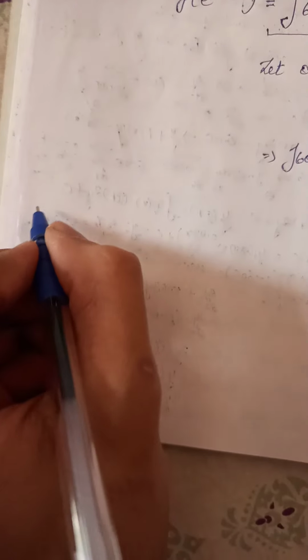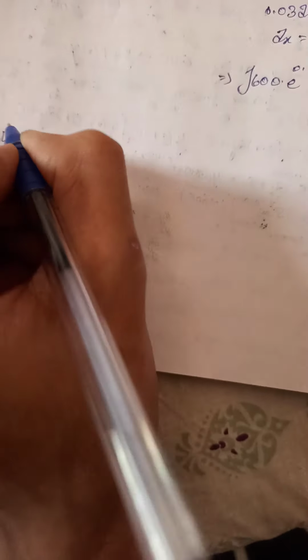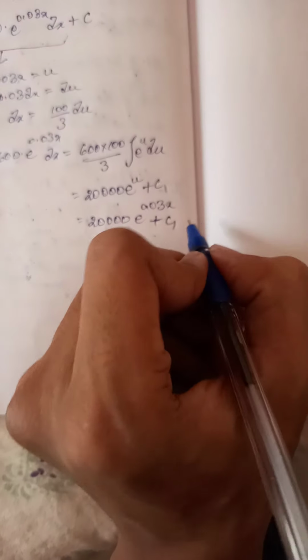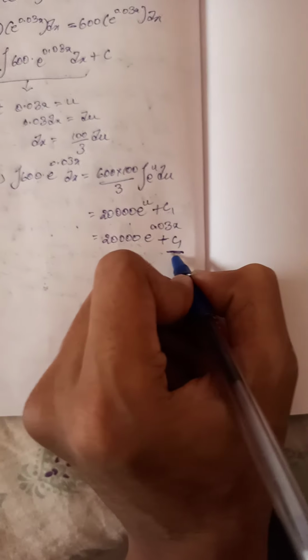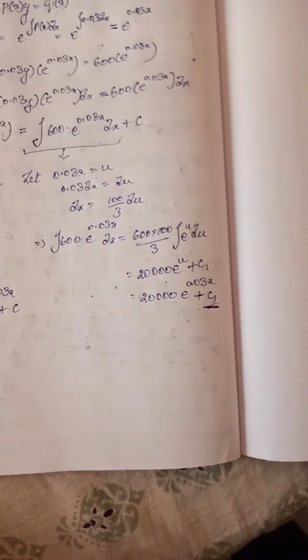Now we get y into e power 0.03x equals 20,000 into e power 0.03x plus c. This c1 which we calculated here, we'll just add it up with c, because both are arbitrary constants, so it doesn't matter which letter we represent it with.